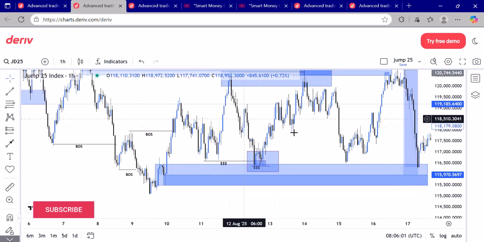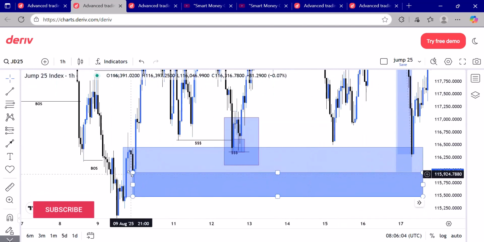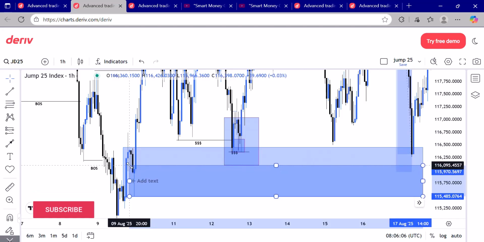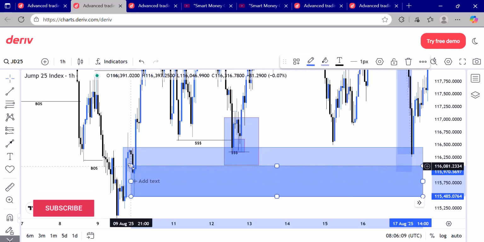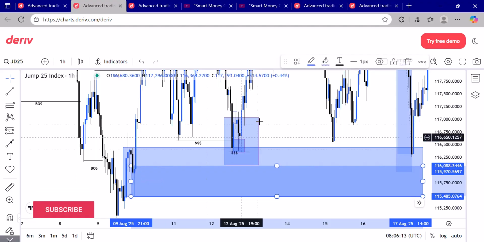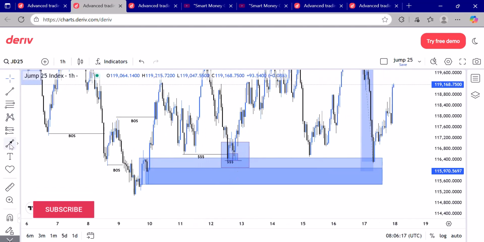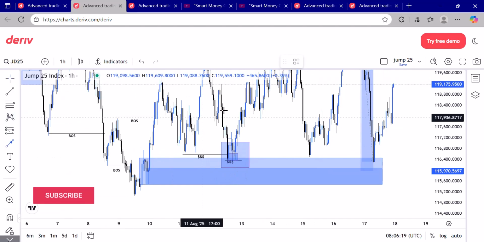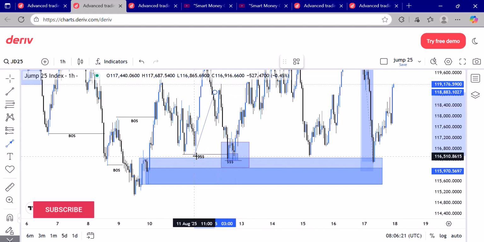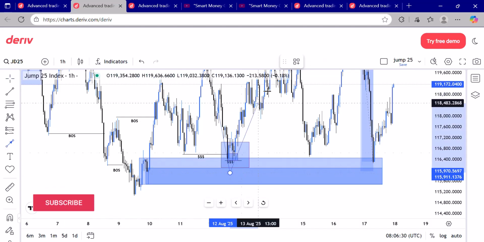Because we went down to our 1 hour time frame, we saw an order block in the 1 hour time frame, so we refined this down to the 1 hour time frame. We were expecting price to come in and take out this low and then tap into this zone before it goes up.